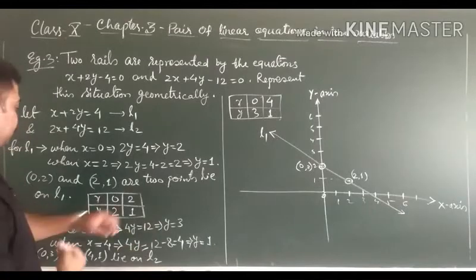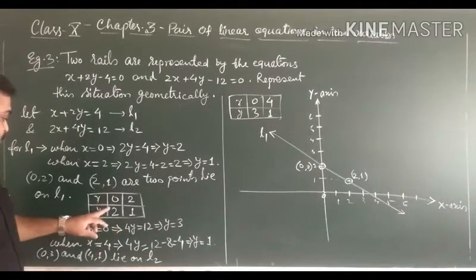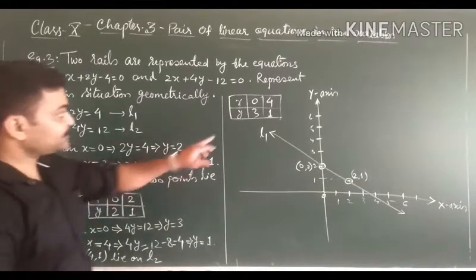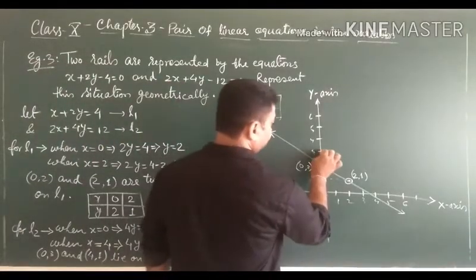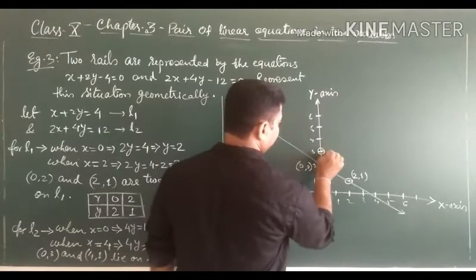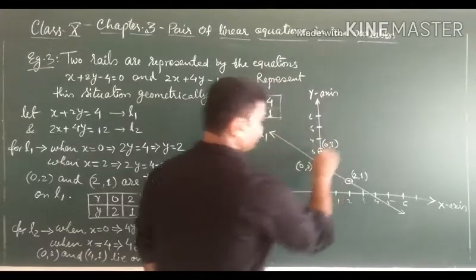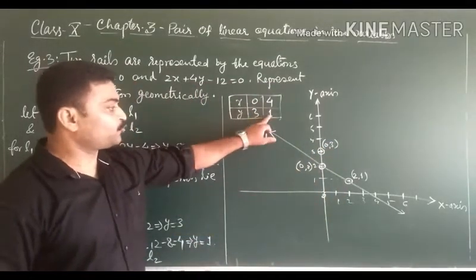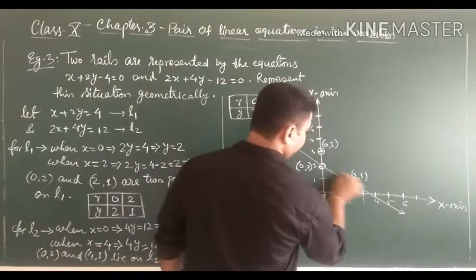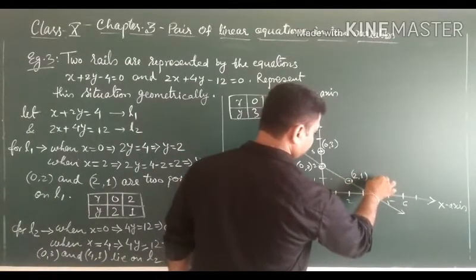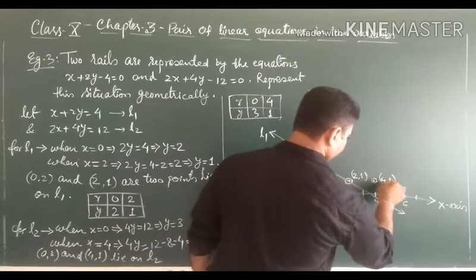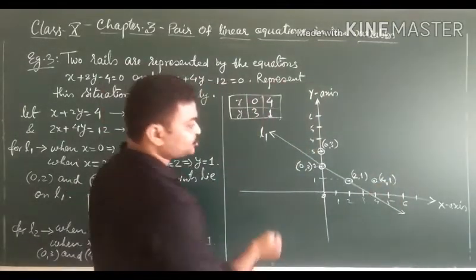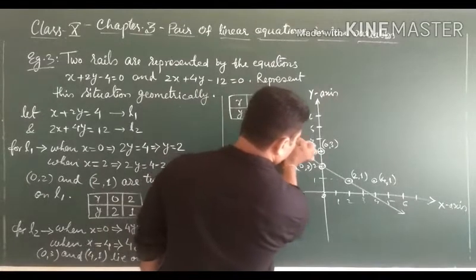Similarly, here, second point is 0 and 3. It is 0 and 3 here. And next point is 4, 1. It is 4 and it is 1 here. Now join these 2 points.